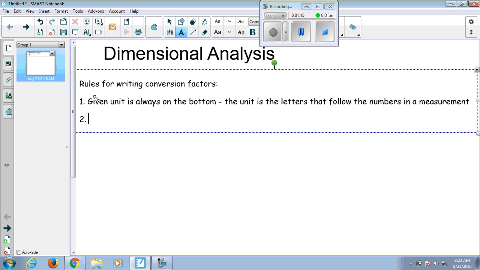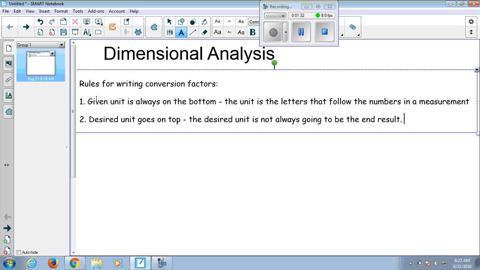The second thing is that your desired unit goes on top. Here's some key points. The desired unit is not always going to be the end result. There may be more than one step to solve your problem.